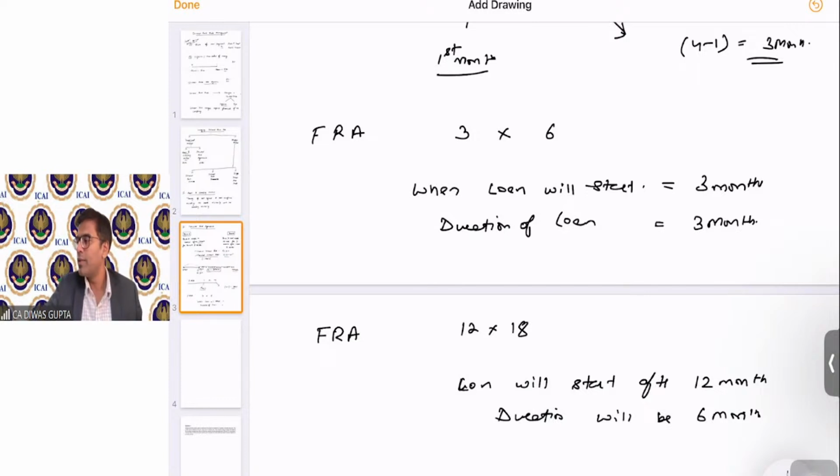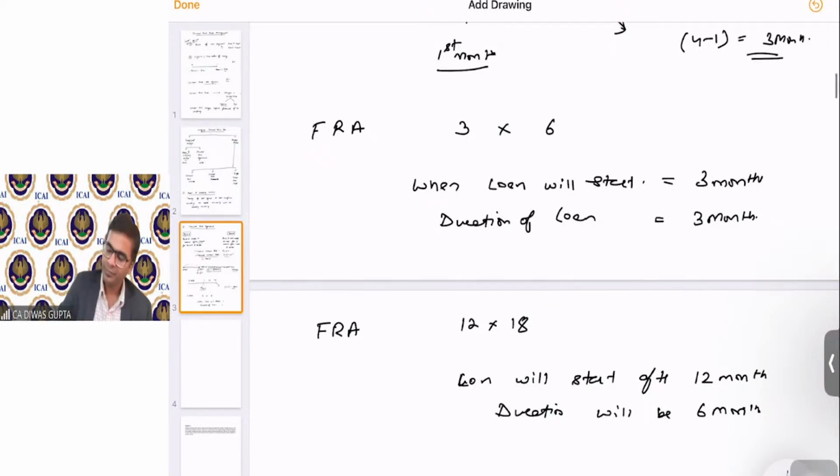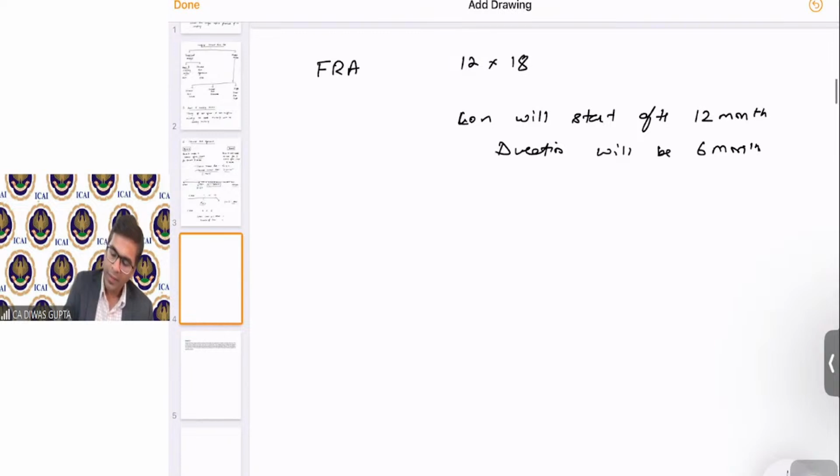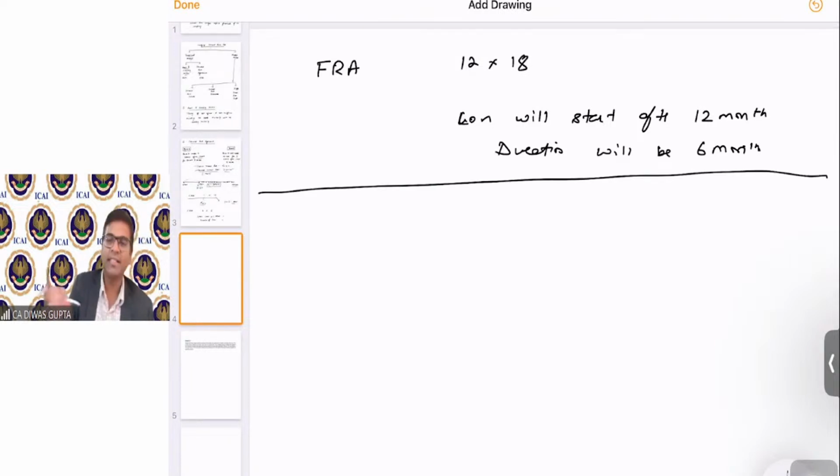Now let's move ahead, students. Now, students, the commitment has happened from both the sides. What is the commitment? Bank A has committed to borrow rupees 1 lakh after 1 month for 3 months at the rate of 6% per annum.